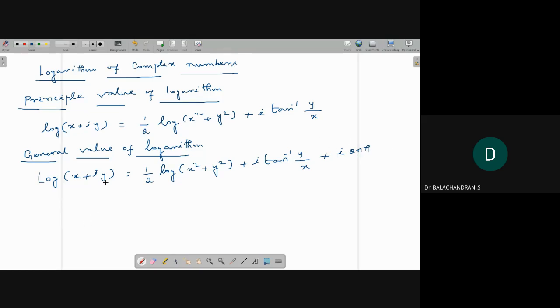So the general value of logarithm is equal to the principal value of the logarithm plus i 2n pi. Okay, so note.